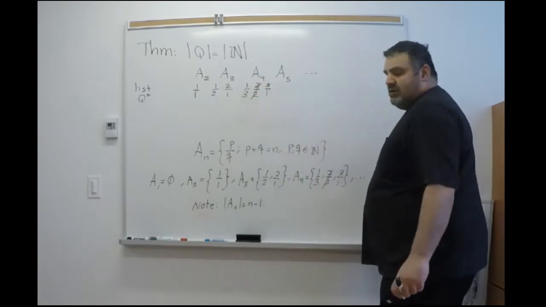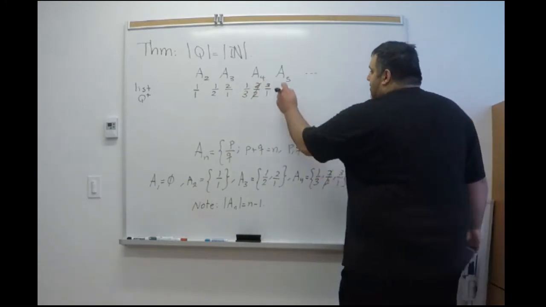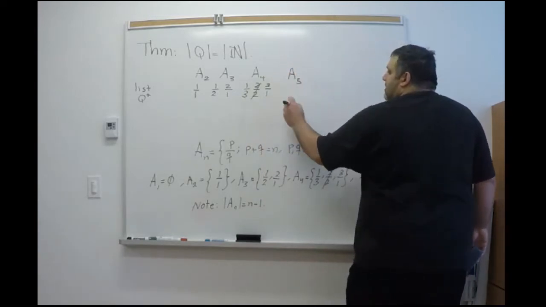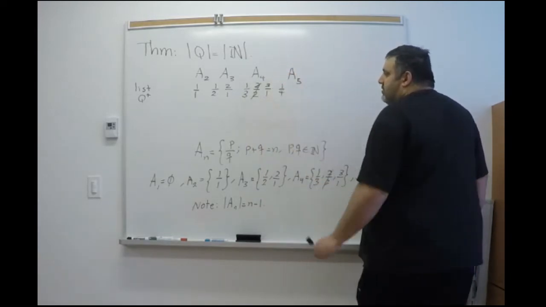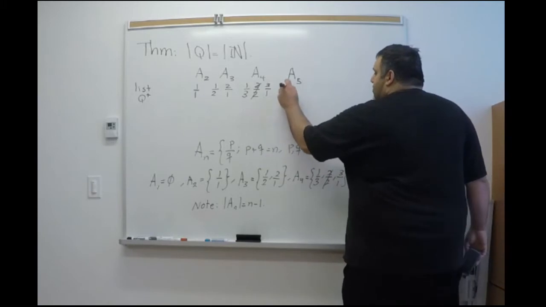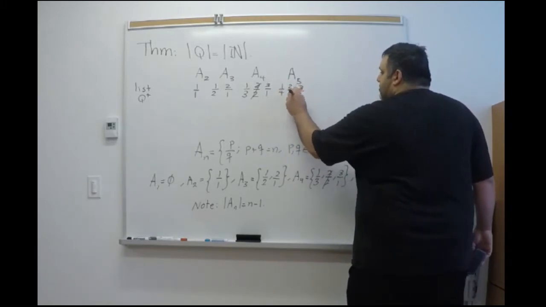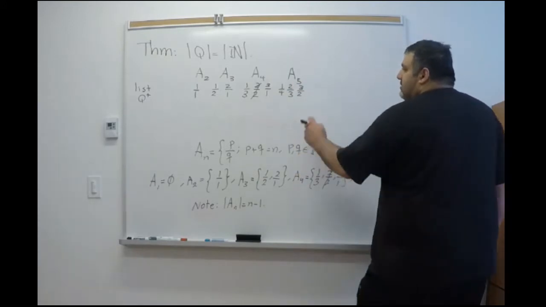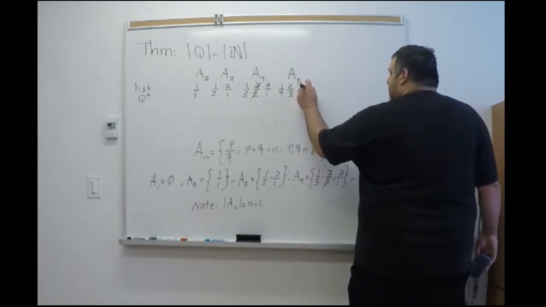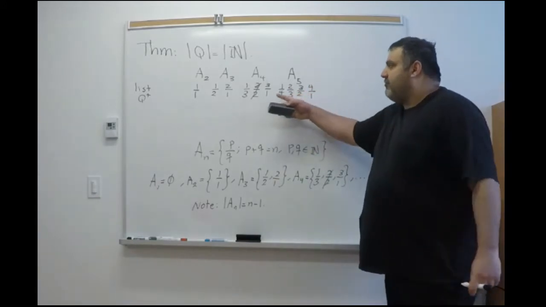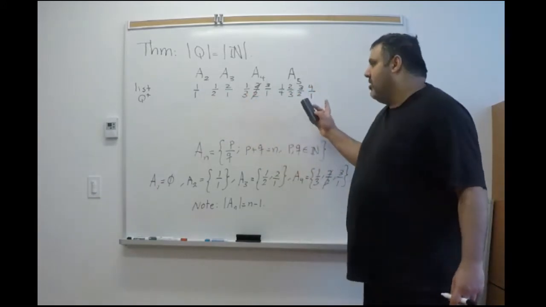A5, let me just make this a little bigger. Well, A5 is 1 over 4, that's perfectly good. Then you have 2 over 3, that's also good. 3 over 2, that's also good. Then you have 4 over 1. So none of these have repeated before, so you keep them all.